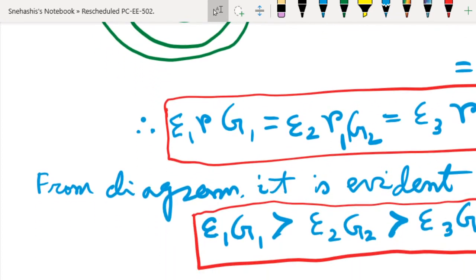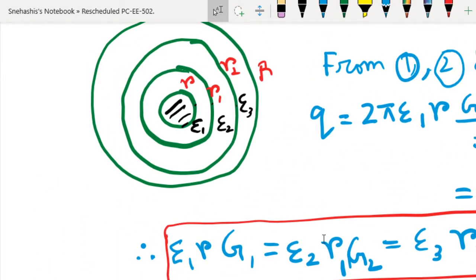Why am I writing this? It is evident in this one. See, if this is your relation, epsilon 1 r g1 equal to epsilon 2 r1 g2 equal to epsilon 3 r2 g3, and from the diagram it is evident that r is less than r1 less than r2, so r2 is more than r1, r1 is more than r.